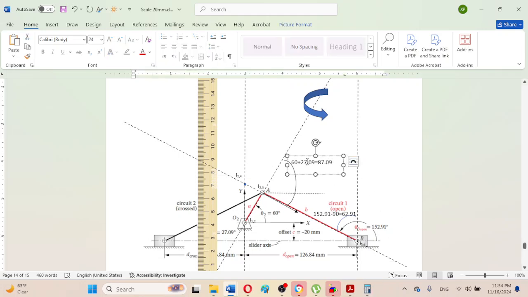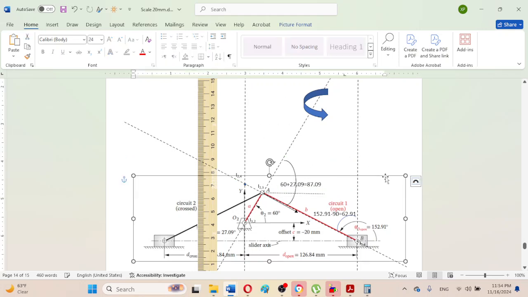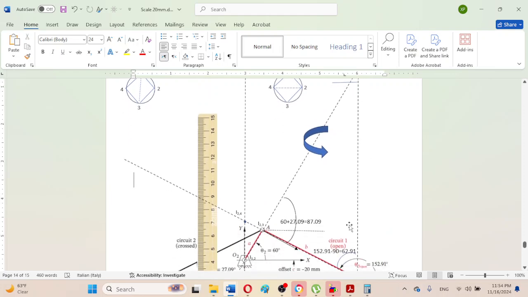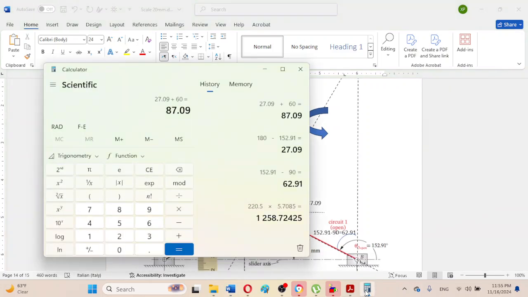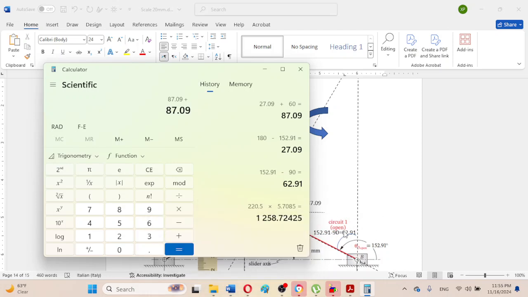So that means this angle has also been calculated. The third angle is now quite easy, because it will be equal to 180 minus the sum of this angle and this angle. I can just add these two angles: 87.09 plus 62.91 is 150.